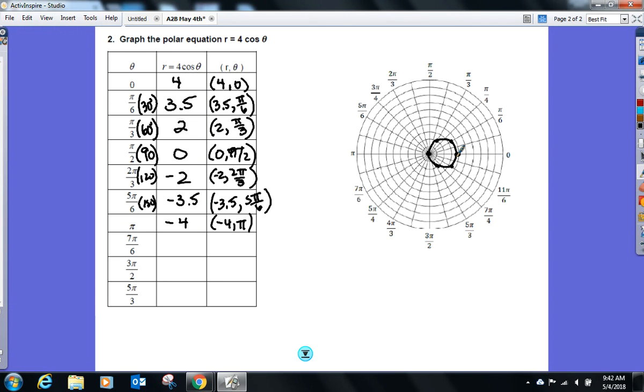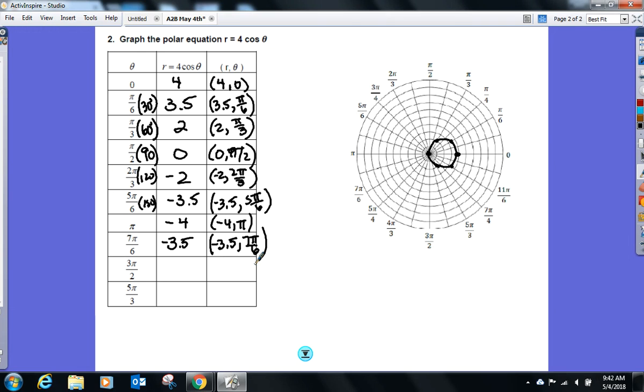What do we end up with? Negative 3.5, right? So 7 pi over 6, it's negative. I go here, and what do you notice again? We've already graphed it, right? Okay, let's just keep going to finish this up.